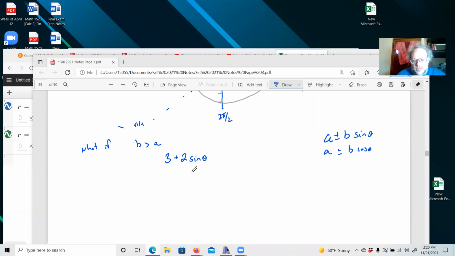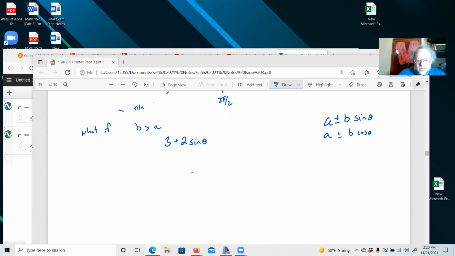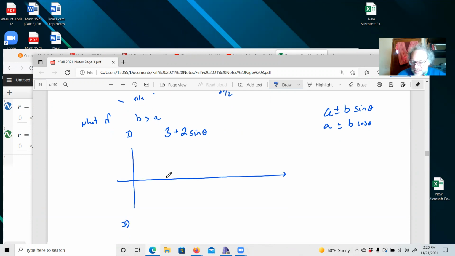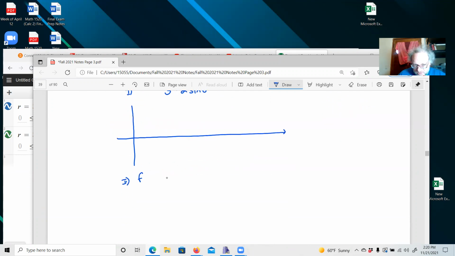Okay, why don't we look at this one? All right, so what we're going to do, step one is graph it in the Cartesian coordinates. Step two, this has an additional step two. We're going to find the zeros. And step three is graph on polar.